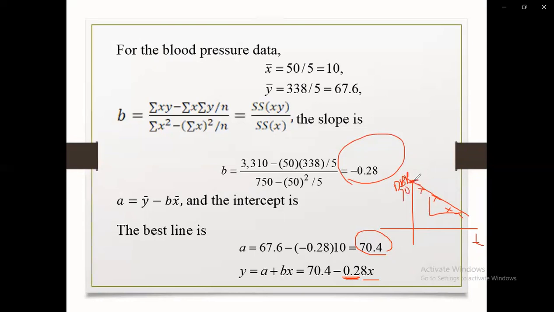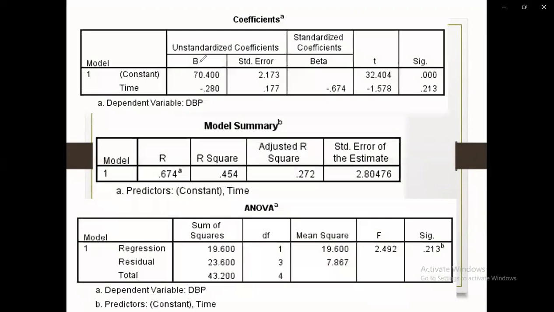Now, moving on, I'm going to jump some few slides just to explain certain things to you. These are SPSS output for the same data we've just seen. And if you look here clearly, this is the intercept we just saw.